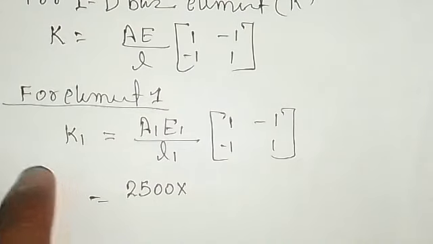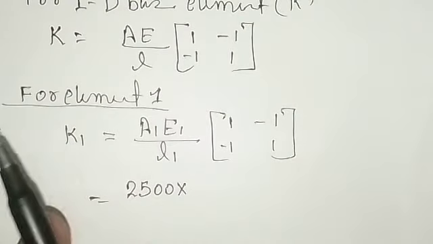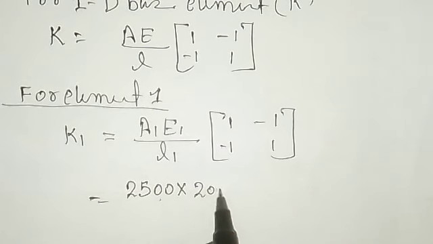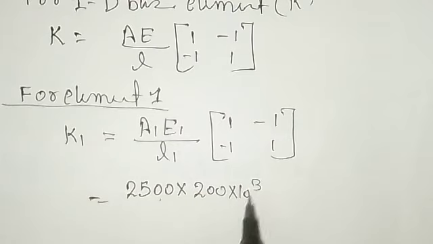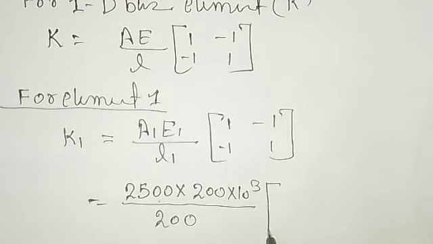You have to take this value in Newton per mm square, because the length is in millimeter, so the Young's modulus and area also have to be in millimeter units. So 200 gigapascal means 200 into 10 to the power of 3 Newton per mm square, and the length is 200.